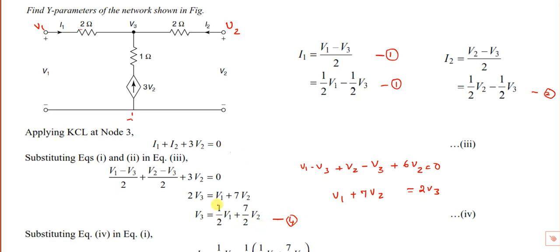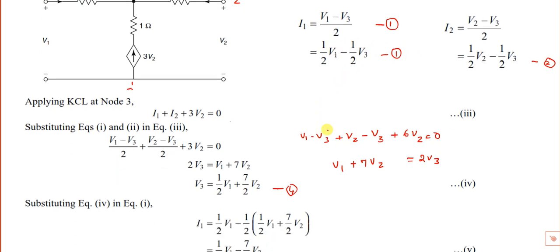Substitute the value of V3 in equation number 1 and 2 where the V3 term is there, because V3 is unwanted, we have it in terms of V1 and V2 only. So if I substitute this in I1 and I2, we are going to get only in terms of V1 and V2, because V3 is expressed in terms of V1 and V2. If I substitute the value of V3, I'm going to get I1 and I2 in terms of V1 and V2 only.